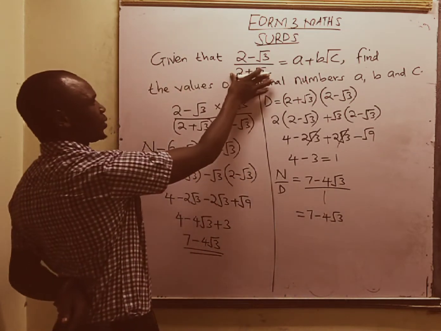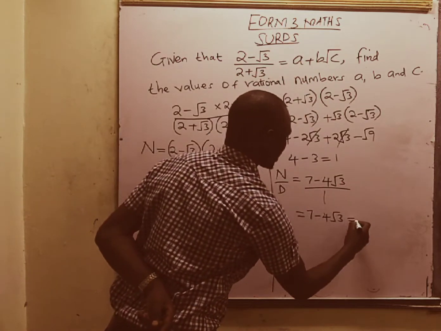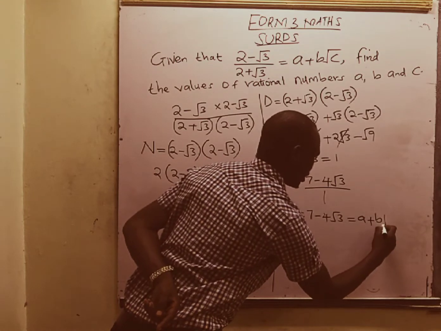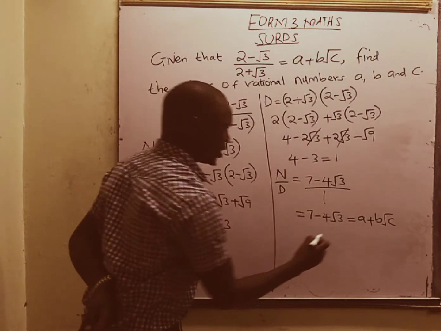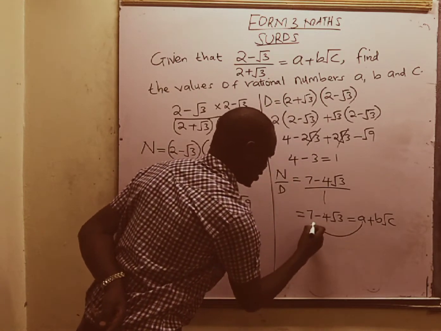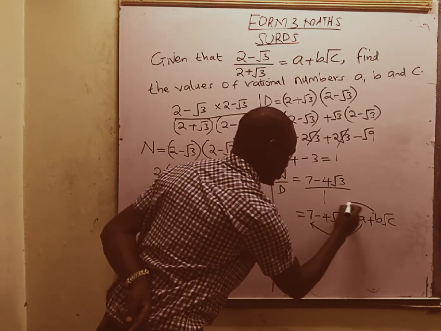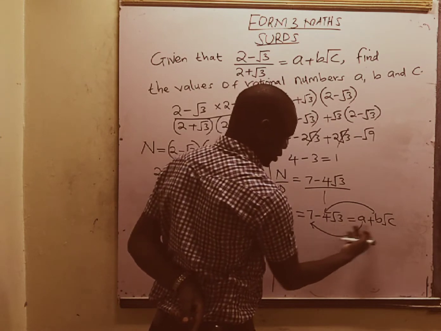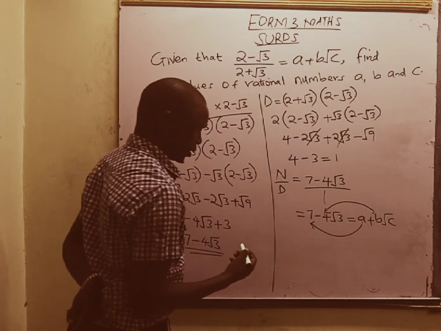And whenever you simplify this, it must be able to give us a plus b into the root of c, meaning the value of a will be 7, then b will be the number outside the root sign, and the number under the root sign will be our c in this case.